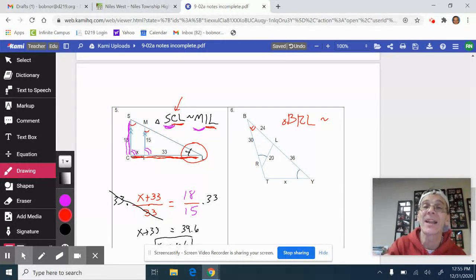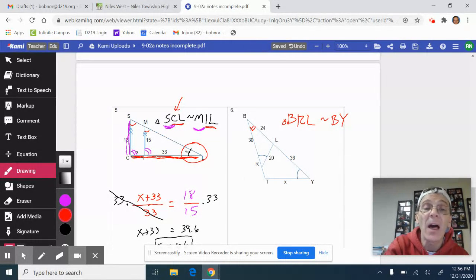What matters is I get the next triangle name right. And in the big triangle, what corresponds to the B? Well, the B itself. Okay. BRL is the little triangle. Angle R from the little triangle corresponds with angle Y in the big triangle.